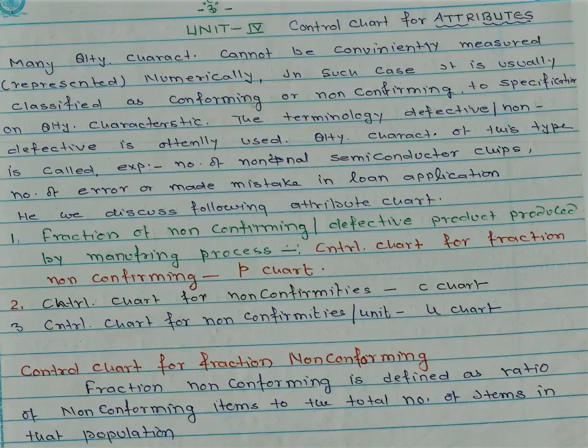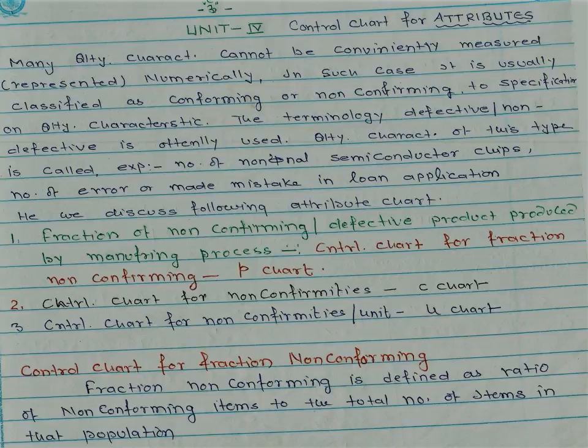Some examples we have taken here: the number of non-functional semiconductor chips, and the number of errors or mistakes made when we fill in loan applications, where the inspector checks our application and finds how many mistakes we made while filling in the forms.